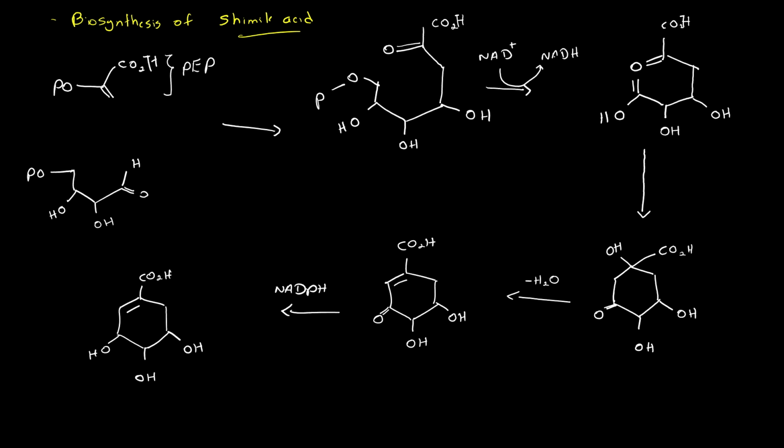You do not have to remember these names, but there are some names which are most commonly used and very important, so you need to remember those things. So this molecule over here we call D-erythrophosphopy.